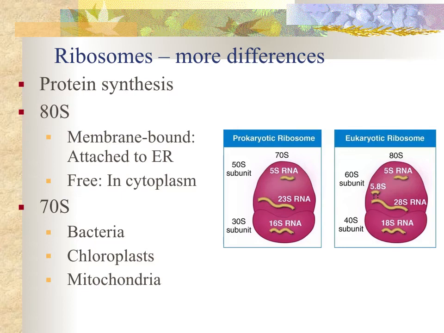Their subunits are larger, 60S and 40S, and they're abundant. Okay, eukaryotes also have a 70S ribosome like bacteria. Okay, but it's found only in organelles, in chloroplasts and mitochondria, which I'll say more about later. So they have two types of ribosomes. The 70S ribosome restricted to organelles.